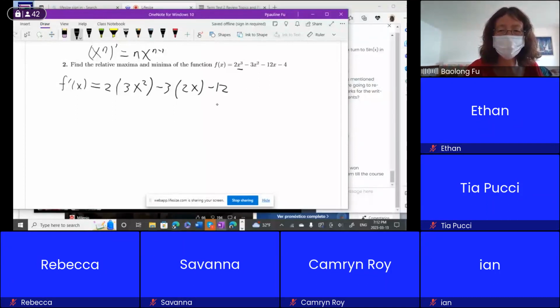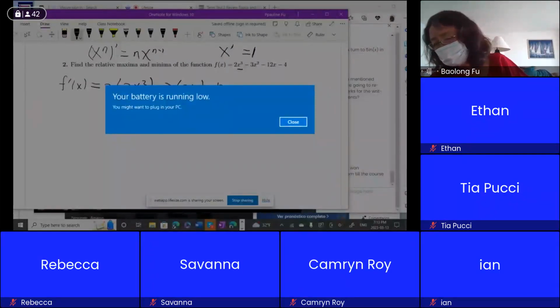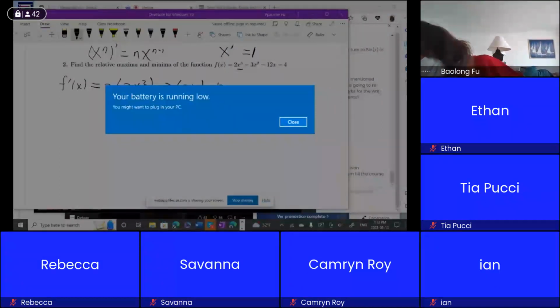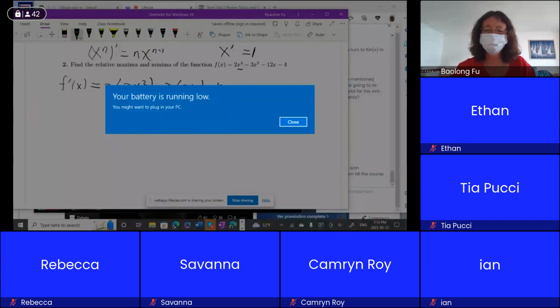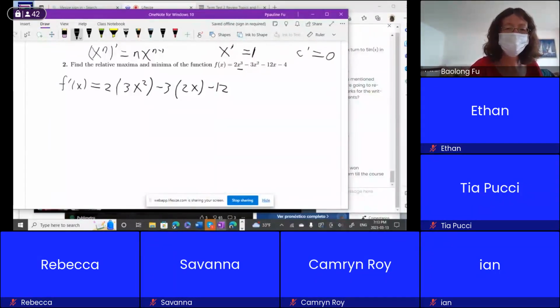X derivative is 1. Constant derivative equals 0. Simplify this derivative.